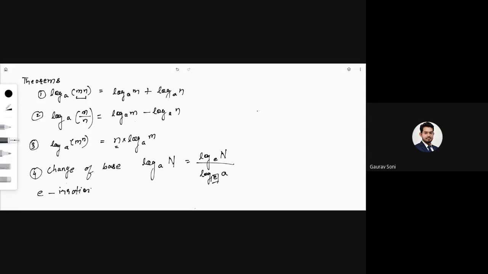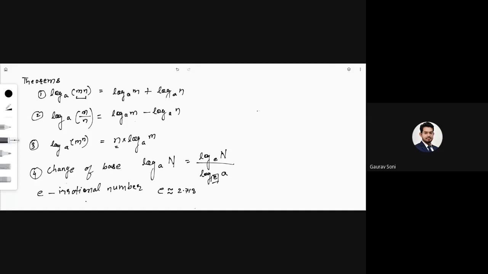It is an irrational number whose approximate value is 2.718 something. Wherever you see this e, you must consider it as an irrational number.